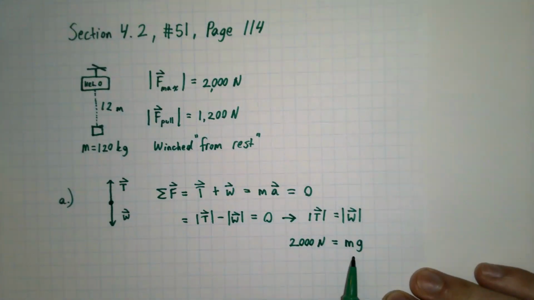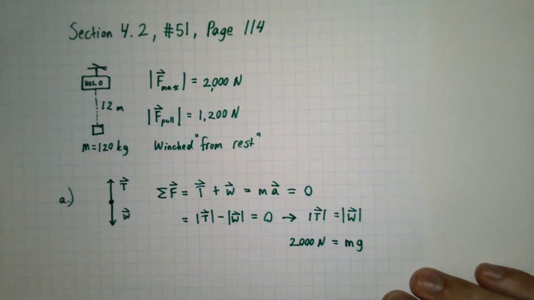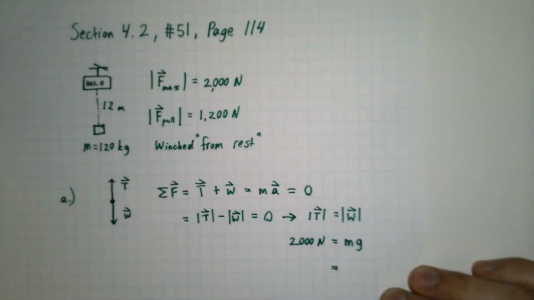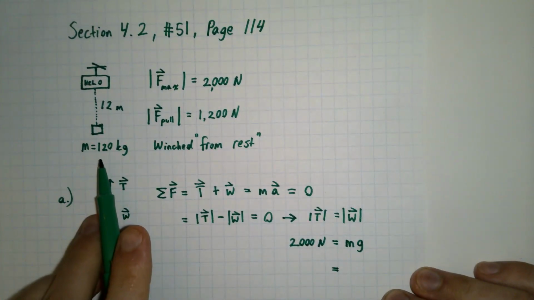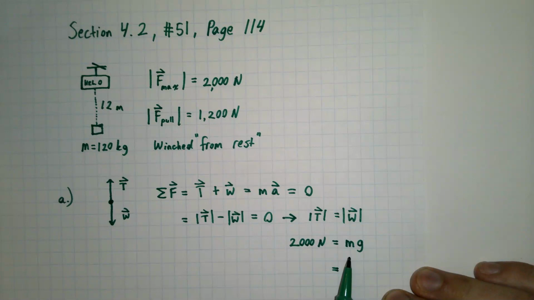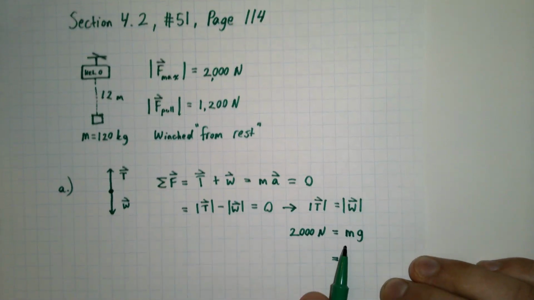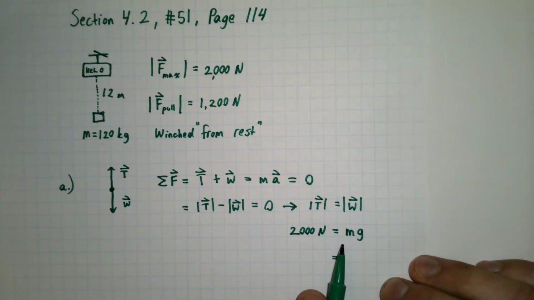Here's how we would represent the weight of whatever it's lifting. So in this case, in part A, we're neglecting this 120 kilogram mass because we're talking about this m being the maximum mass that it could carry, given that it breaks after 2,000 newtons of force.